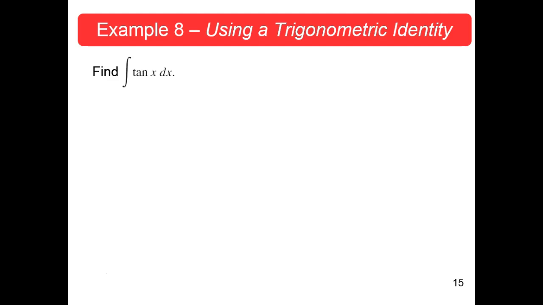Change it to sine over cosine. Okay, that would be a great first start. Let's rewrite that as the integral of sine x over cosine x dx. Okay? Then that actually looks a little more complicated, but what can you note now?